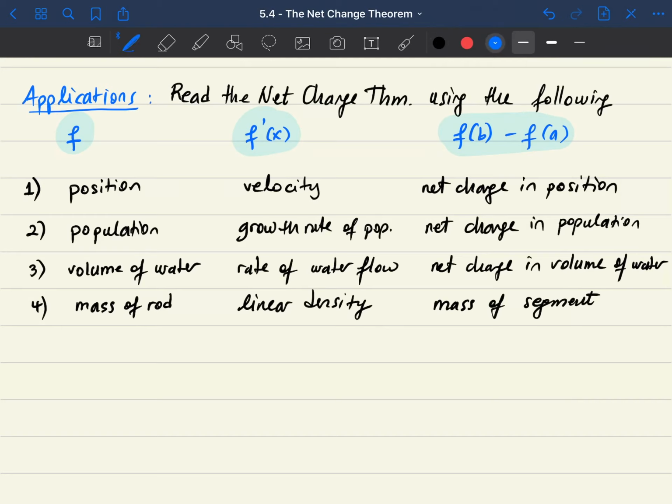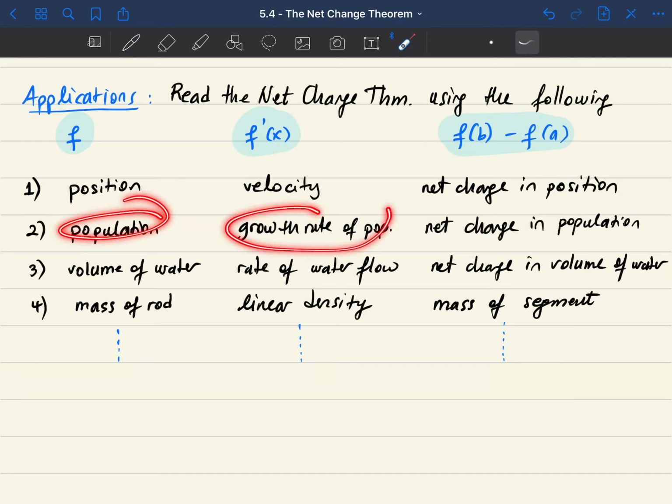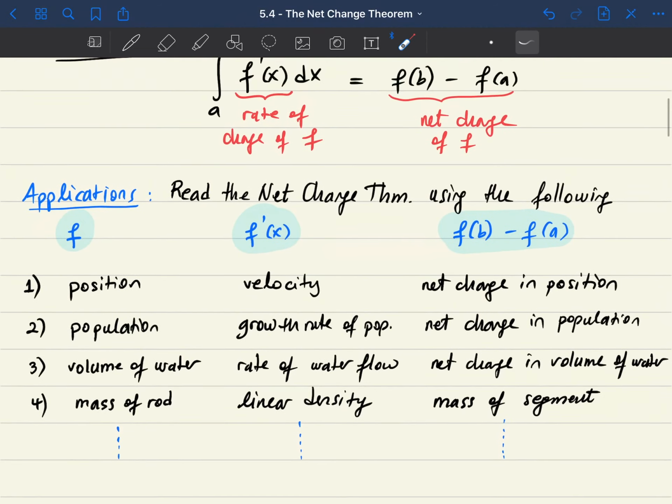And so on, okay? So you can take your favorite quantity, take its derivative and whatever it means physically, and then the integral of that derivative is just the net change in the quantity. Okay, so we're basically going to work mostly with position and velocity, and maybe also with population and population growth. So the other ones, for example number 4, are not really very relevant to our course, but this is just to give you an example of what all these three quantities mean in the net change theorem.